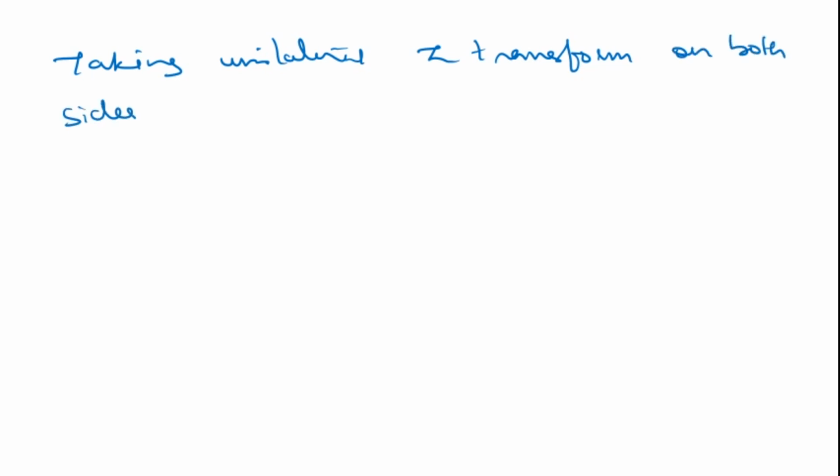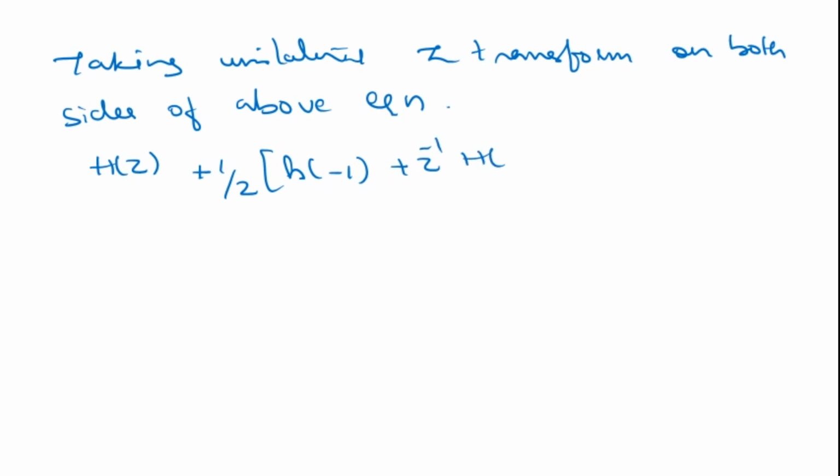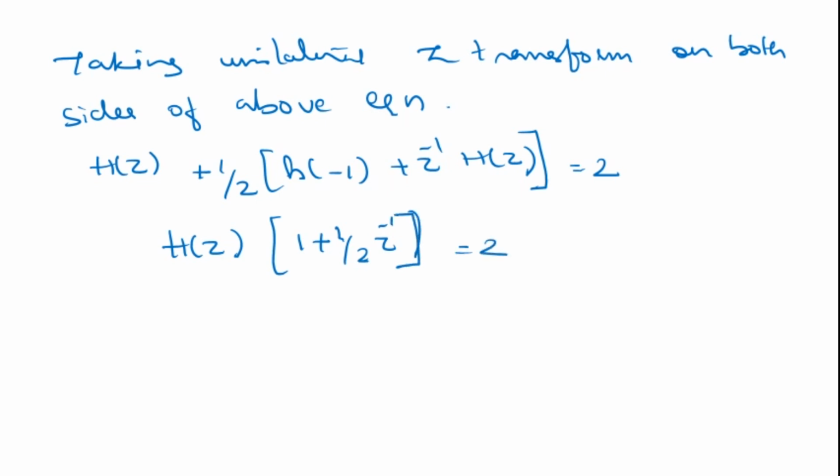Taking unilateral Z transform on both sides of above equation, we get h of z plus half into h of minus 1 plus z inverse into h of z is equal to 2, or h of z into 1 plus half z inverse is equal to 2, or h of z is equal to 2 divided by 1 plus half z inverse.